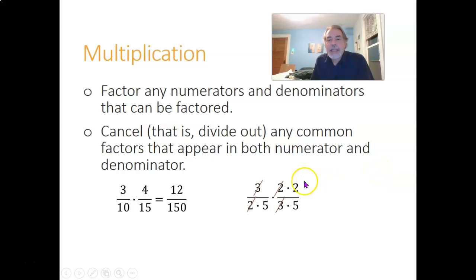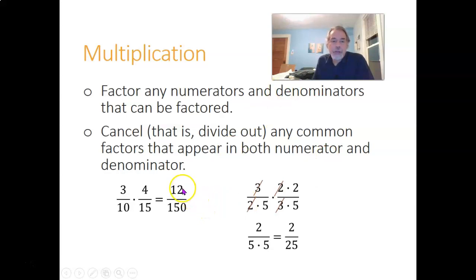And then we can cancel a 3 and a 2 from both the numerator and the denominator. And then what we have left is 2 on top over 5 times 5, or 25 on the bottom. So the answer in lowest terms is 2 over 25.